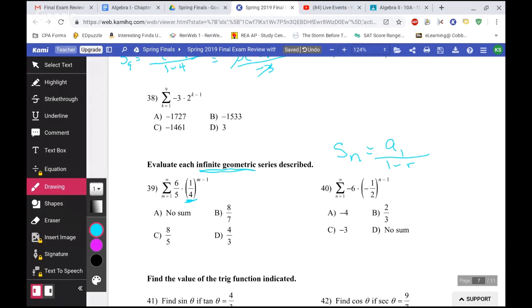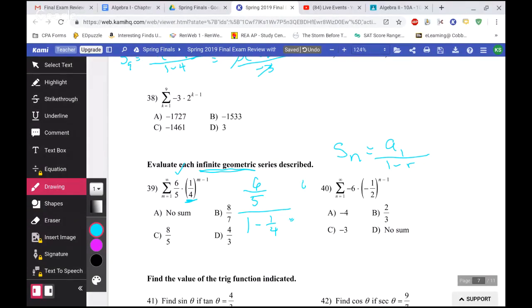And usually you're going to end with some sort of ugly complex fraction, which I know you all dearly love. On this one we definitely do, because you've got 6/5, which is the value of the first term. The first term is always that beginning part. And then we've got 1 minus 1/4.